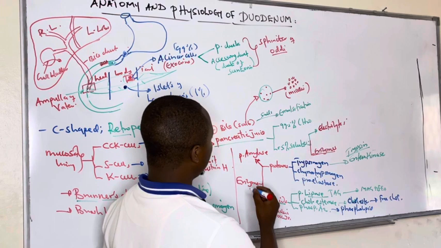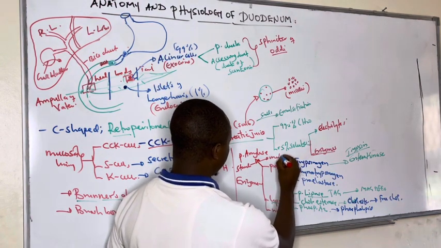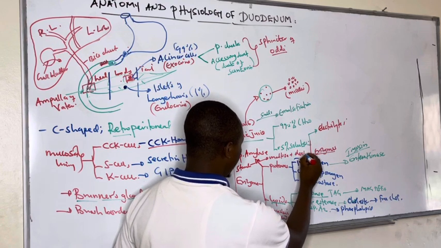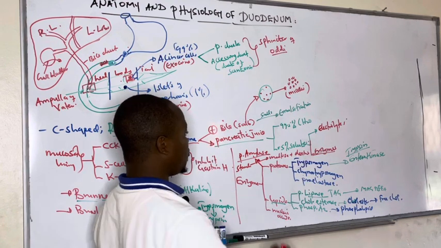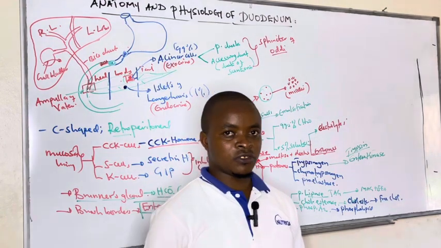Starch is broken down to maltose and dextrins and alpha dextrins. That is the action of pancreatic amylase, and all these reactions are hydrolysis reactions.